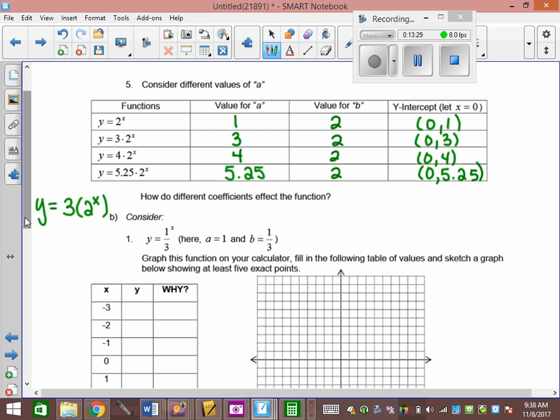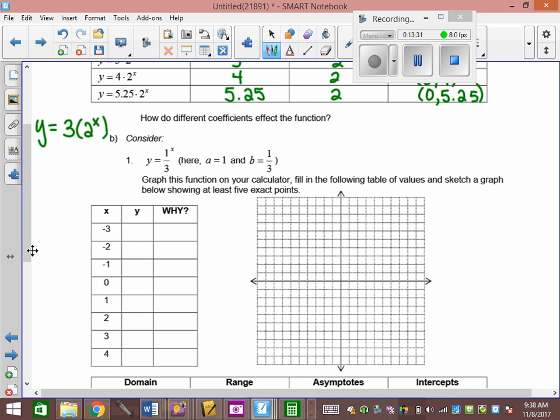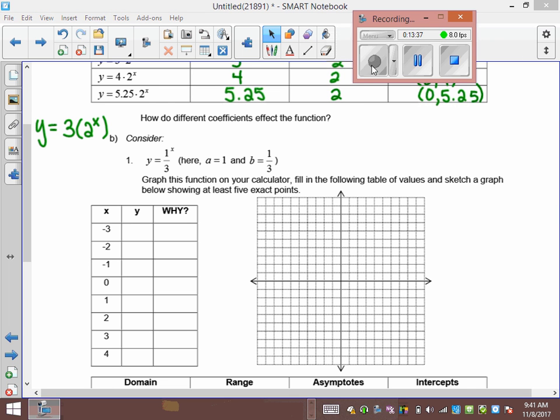We have heat. Okay. What happens, though, if instead of a 2, I put in a third? Punch that into your calculator. What happens when you put the third in? When you go 1/3 to the x? It decreases, right? Does the asymptote change, though? No, and of course it doesn't, because there's no vertical translation.